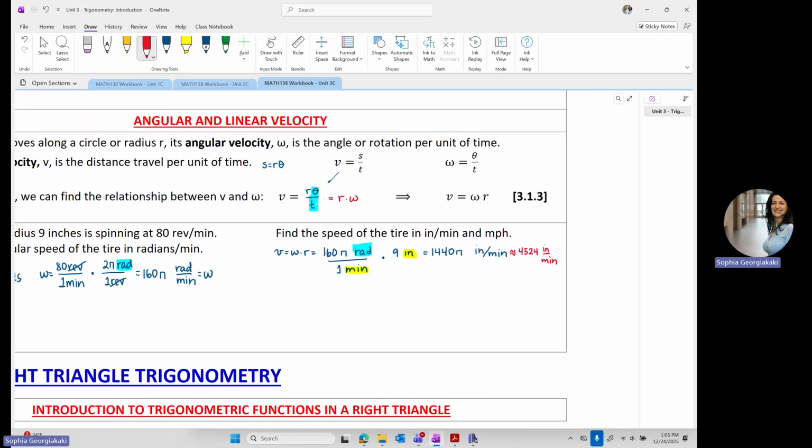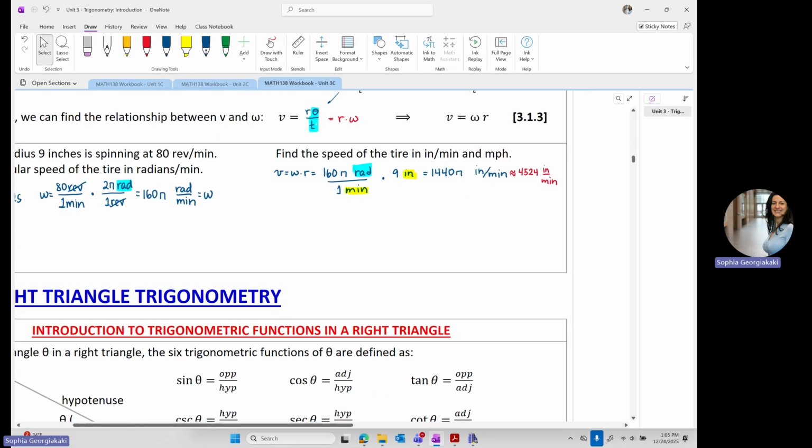That's approximately how much that is. I don't care for that intermediate answer to be in a decimal form or rounded in any way. I just want the exact answer of 1440 pi inches per minute because I want to find the speed in miles per hour. Now, the way I convert is using ratios.